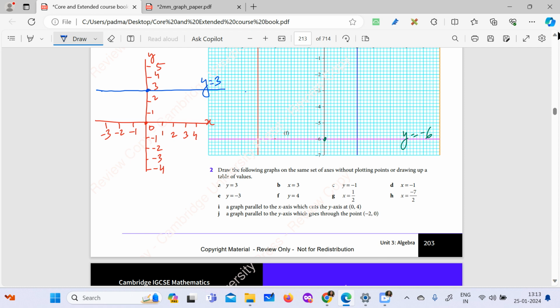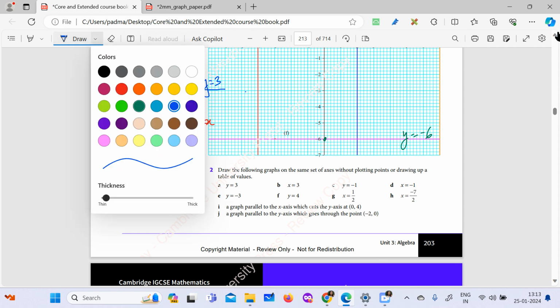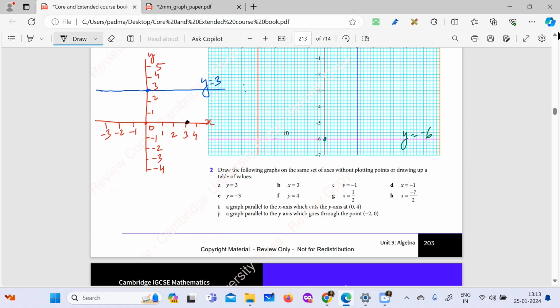Next is x is equal to 3. So what I will do is x is equal to 3. This is 3 on the x-axis. So I will draw one line like this and this is your x is equal to 3. Now next is y is equal to -1. So we have y is equal to -1 here. I will draw one straight line like this and this represents y is equal to -1. x is equal to -1.